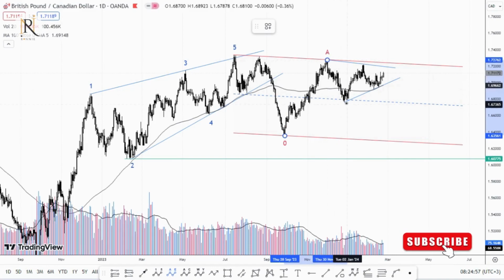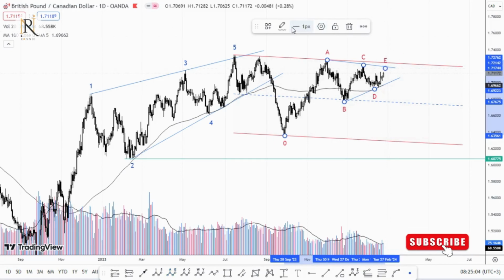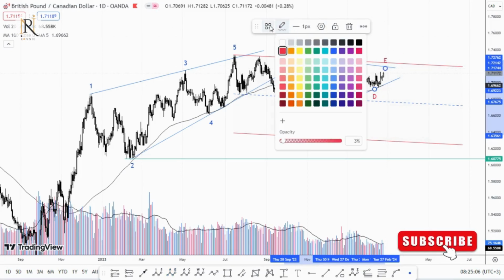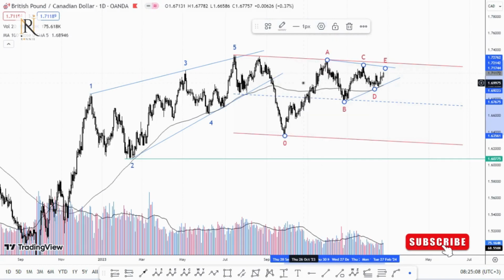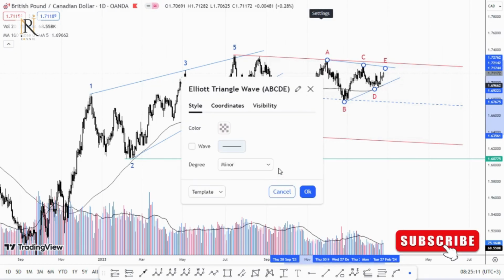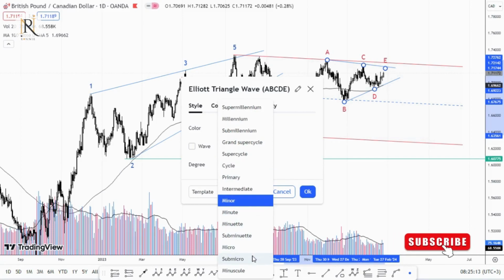What we are having right here is wave A, B, C, D, and then finally we'll be looking at wave E right at that point. So this is what we have in terms of that correction.